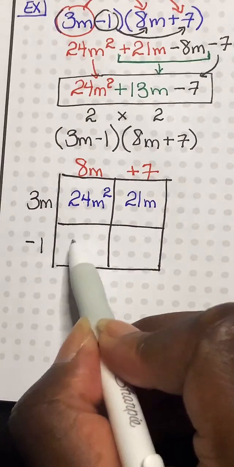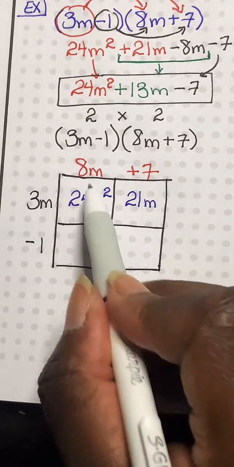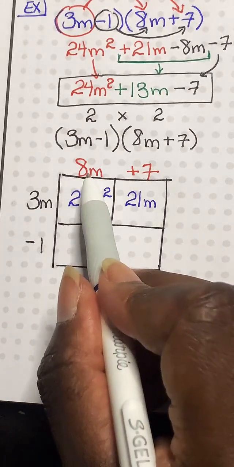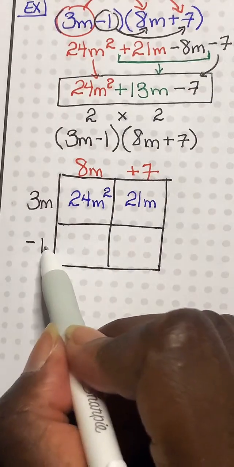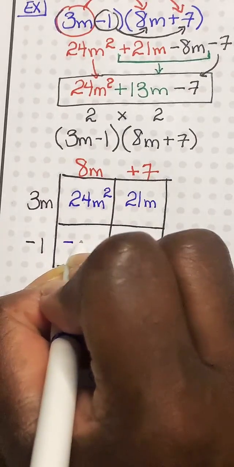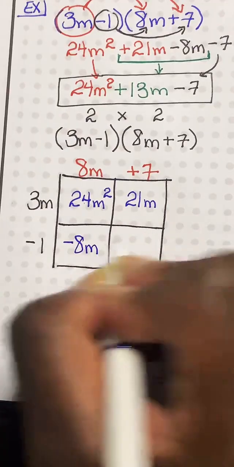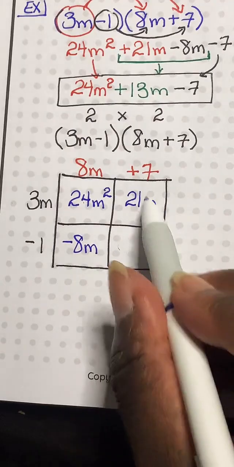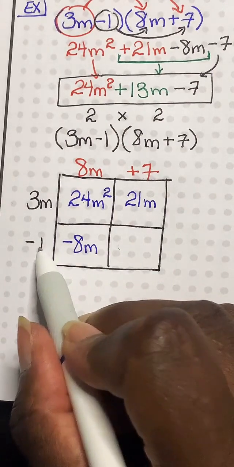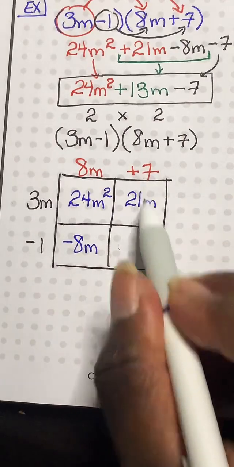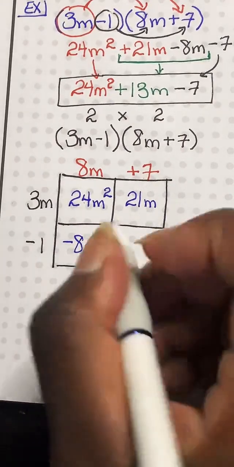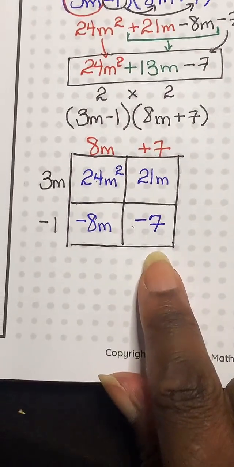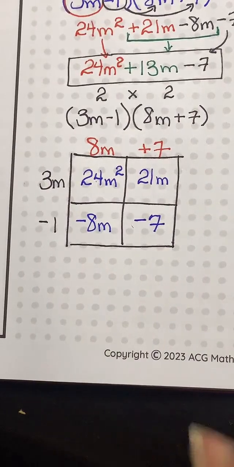To fill this box, I need to multiply 8m times -1, that gives me -8m. And to fill this box, I need to multiply 7 times -1, and that gives me -7. So to fill the boxes, I need to multiply.